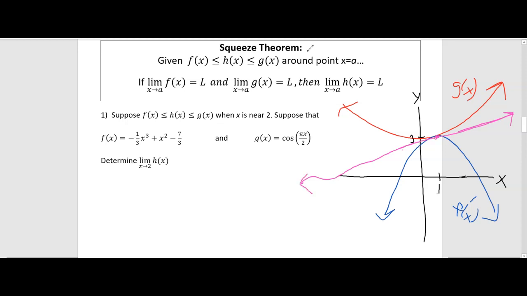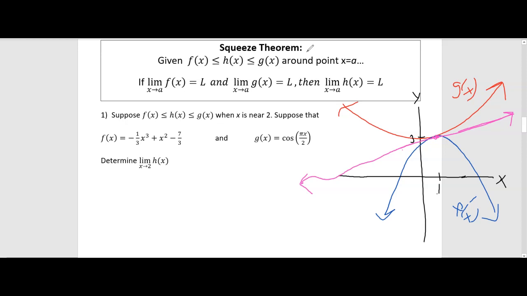Because it has to be between or equal to g of x and f of x. So the limit of the pink function is going to be the same as the limit of the top and the bottom function as we approach that x value. And that's again because it's being squeezed between the top and the bottom functions.